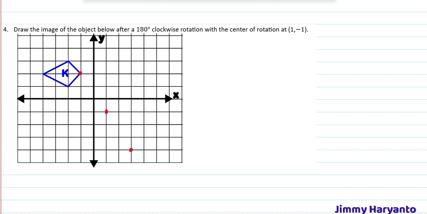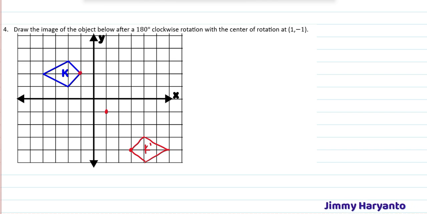So basically for a 180 degree, whether it is clockwise or counterclockwise, the image will be the same, so we don't have to do this further. The image will be exactly the same as the previous one, like this. Yeah, because it's 180 degree.